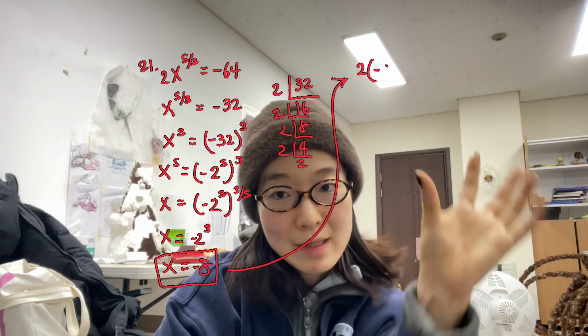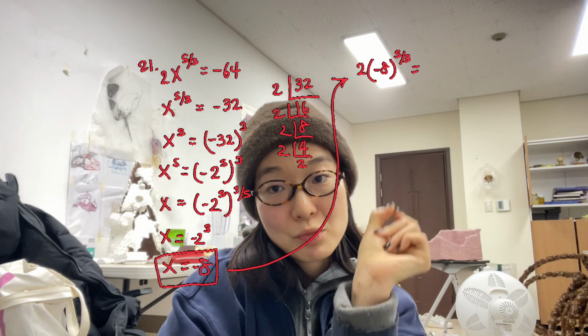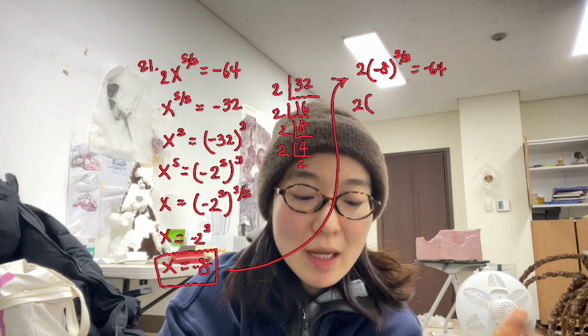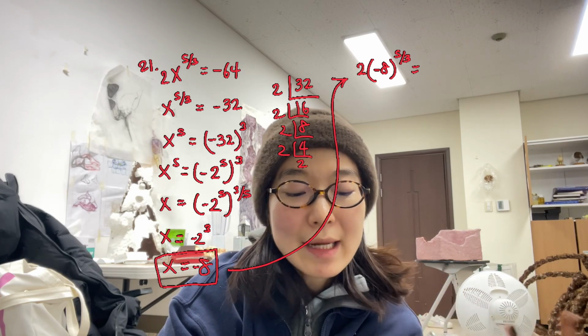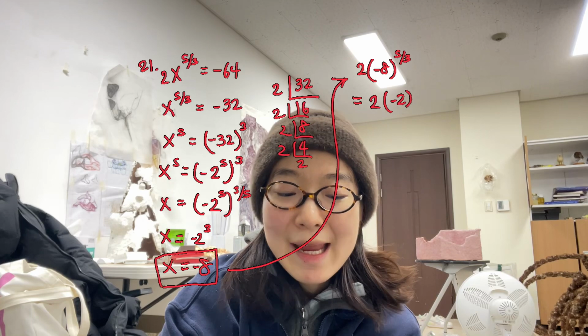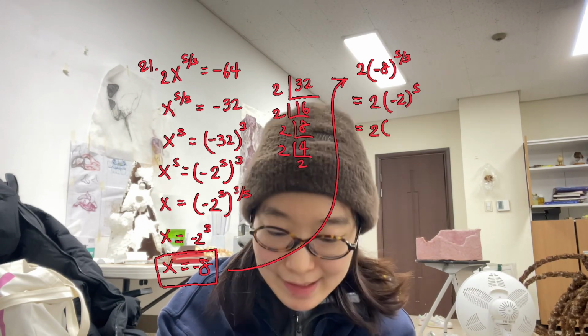And by times, I mean multiplication between the exponents, which essentially makes it x equals negative 2 cubed, which means x equals negative 8.